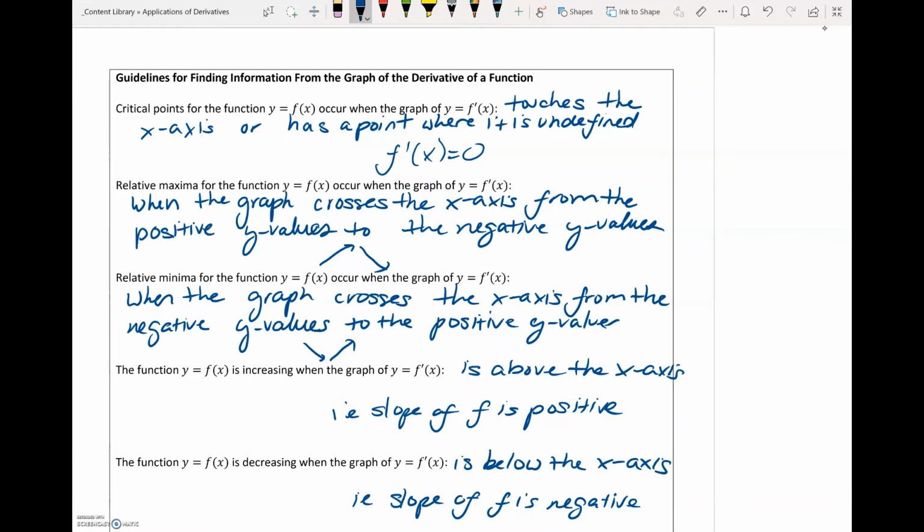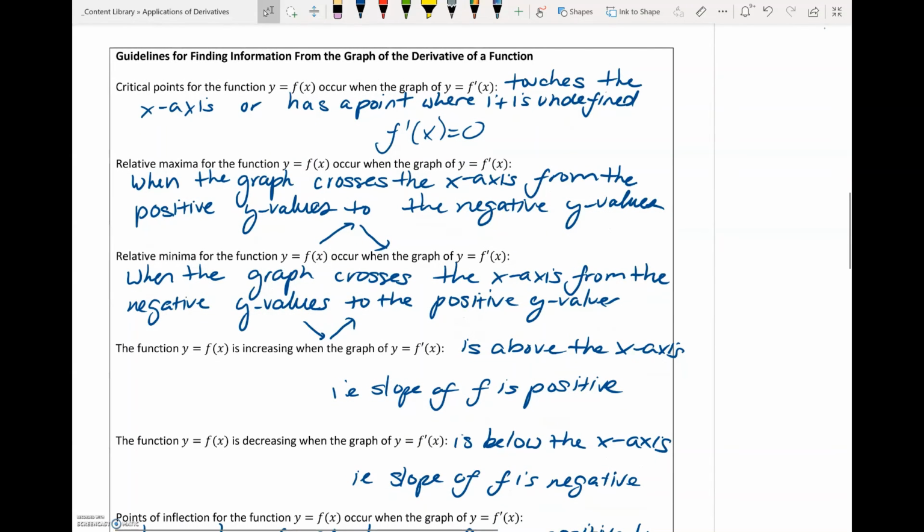For relative maxima, this happens when the graph crosses the x-axis from positive y values to negative y values, because you're going to get increasing to decreasing around your critical points. And this creates a local maximum.